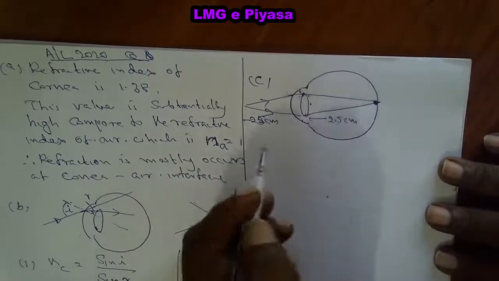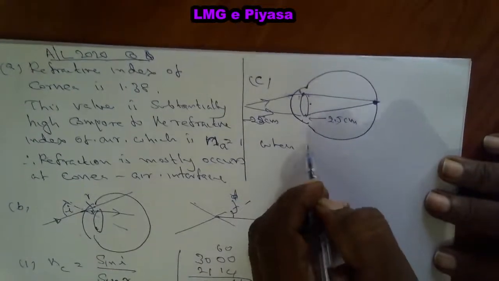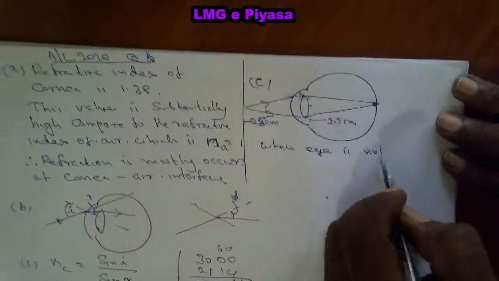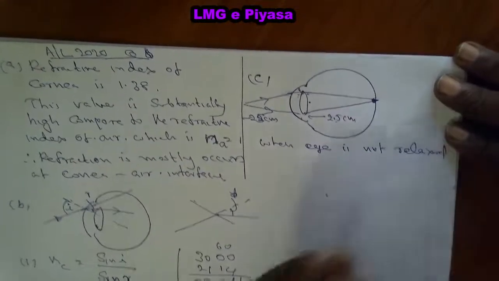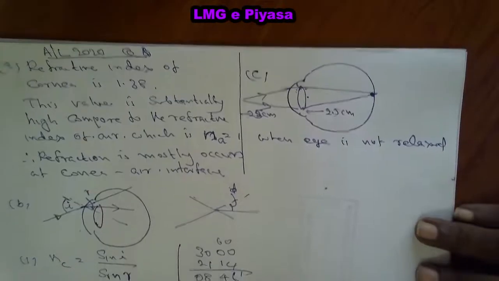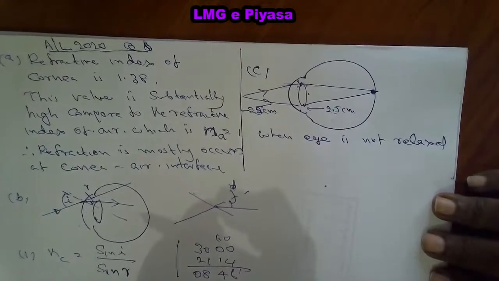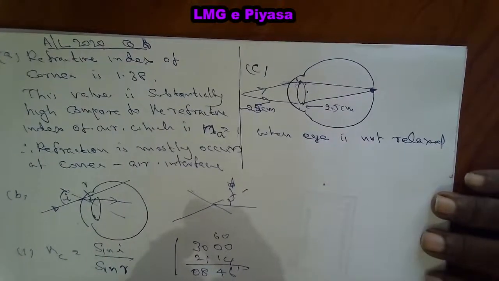Then the power is high, and the focal length is minimum in this case.